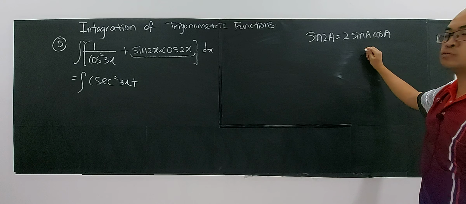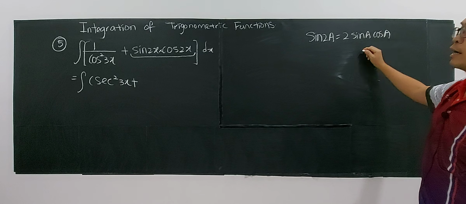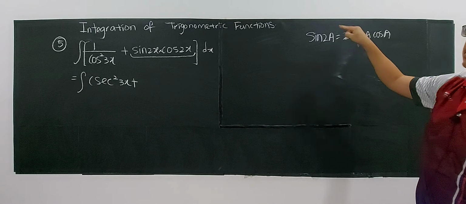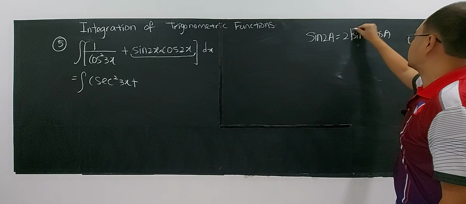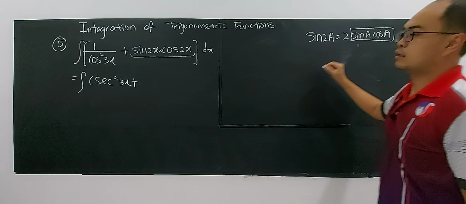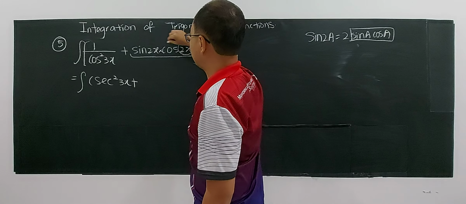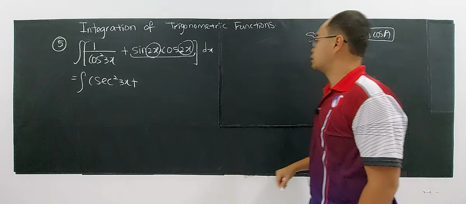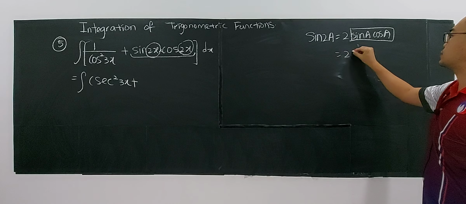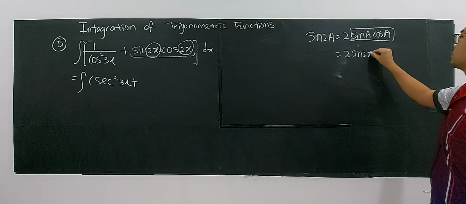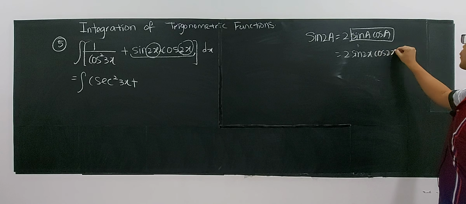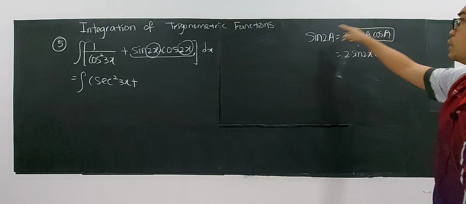Alright, sine 2a equals to 2 sine a cos a. And now I'm going to apply this formula into this situation here, because I can see there is a sine cos here. And the most important thing is this is 2x and this is also 2x. They are identical. So what happens if I replace the a with 2x?